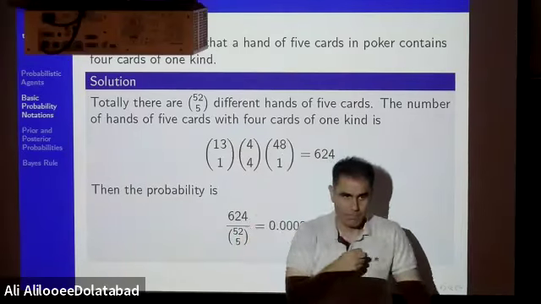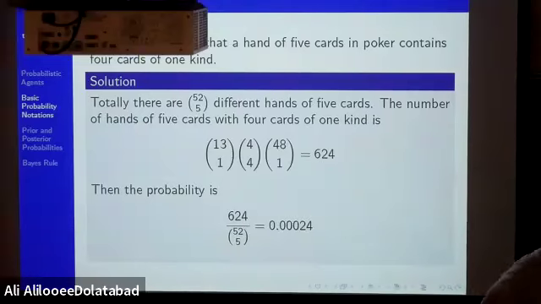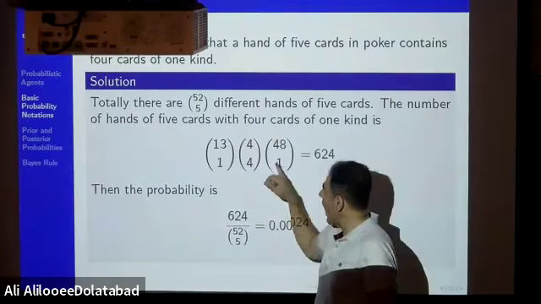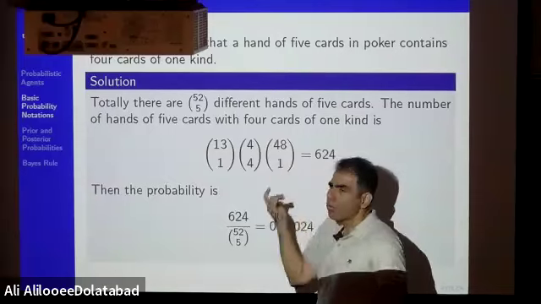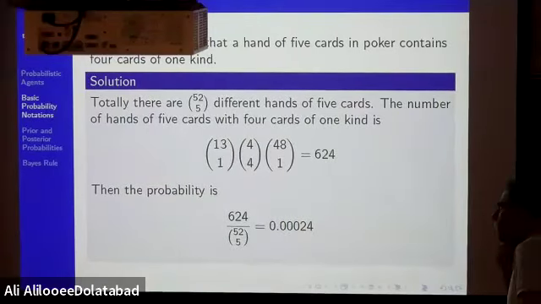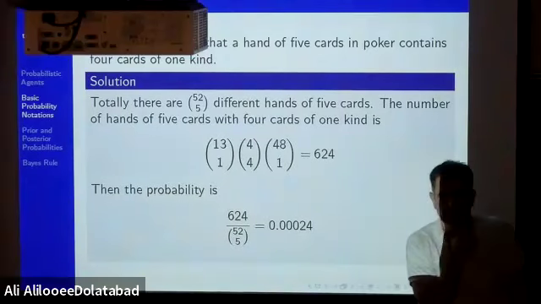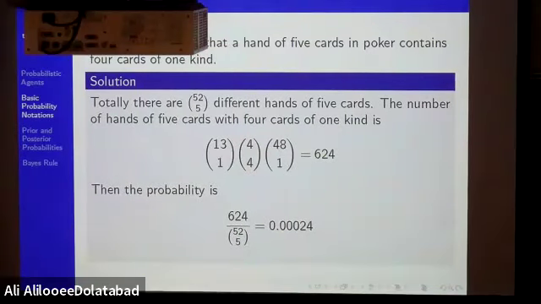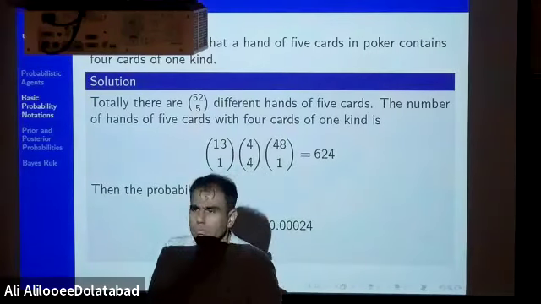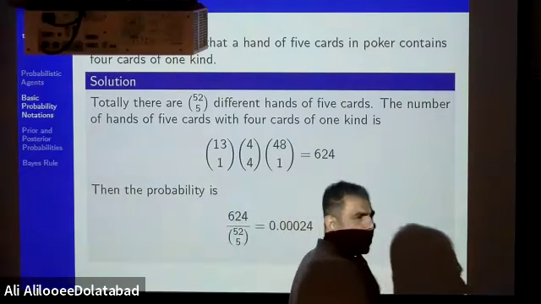Why do you have 48? Because here in this case, as you can see, you have 13 choose 1. We explained what that means. And I want to know what is 1 out of 48? How did I get 48?